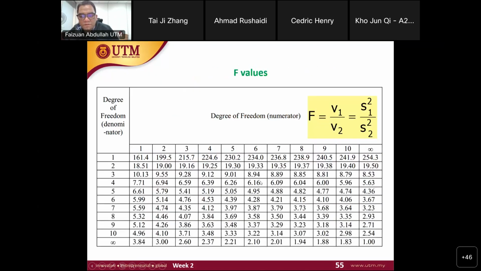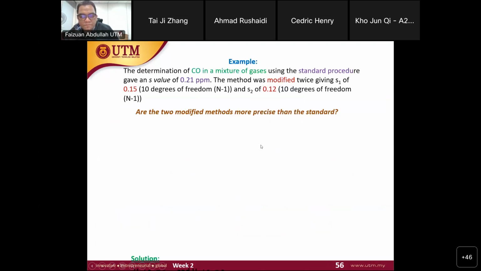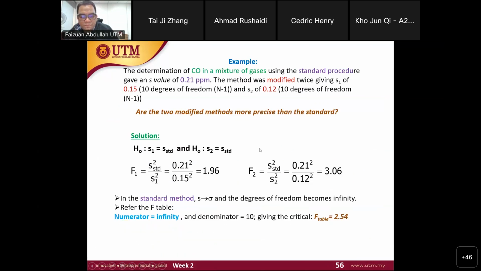How did they get 2.54 here? Infinity. How did they get s as sigma and the degrees of freedom become infinity?